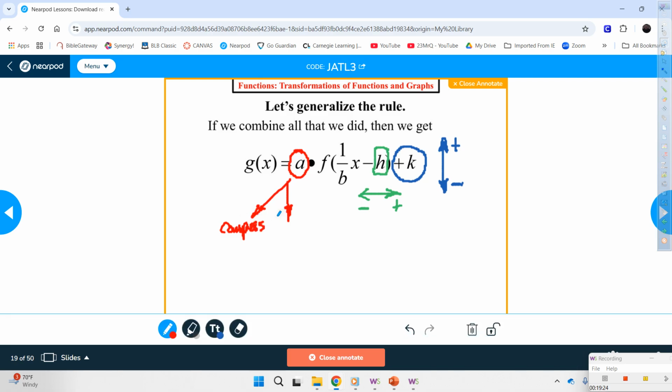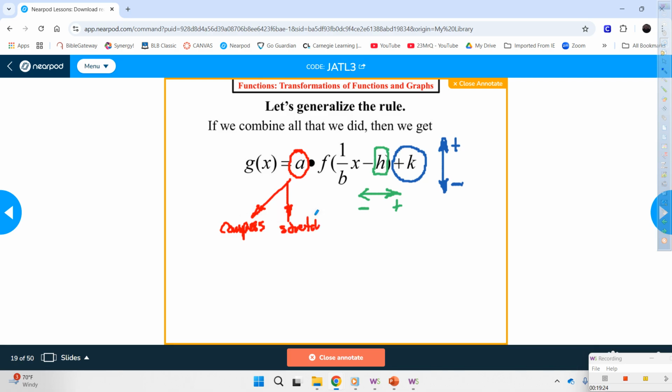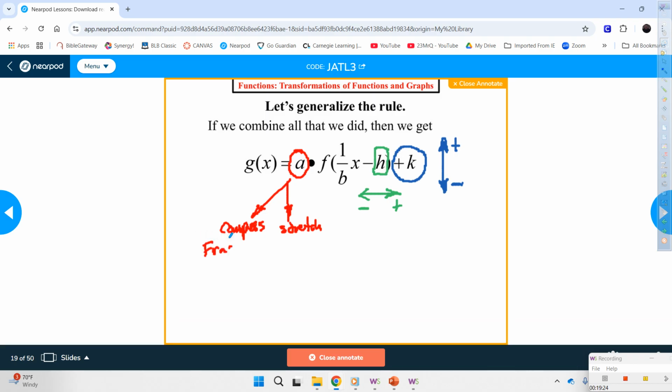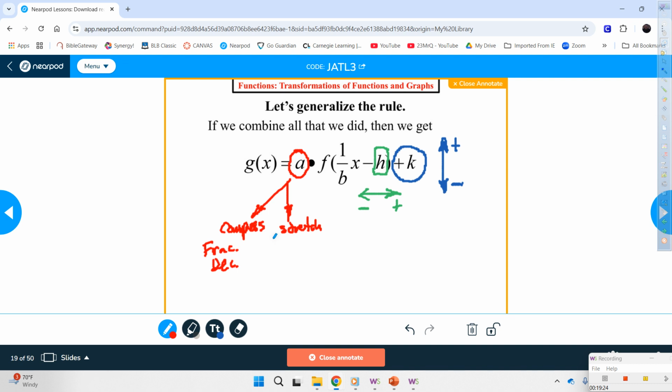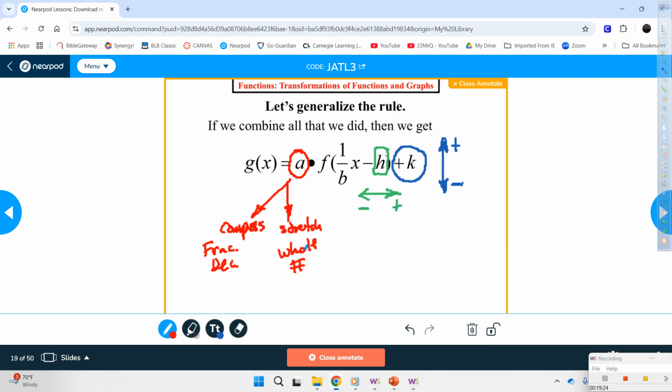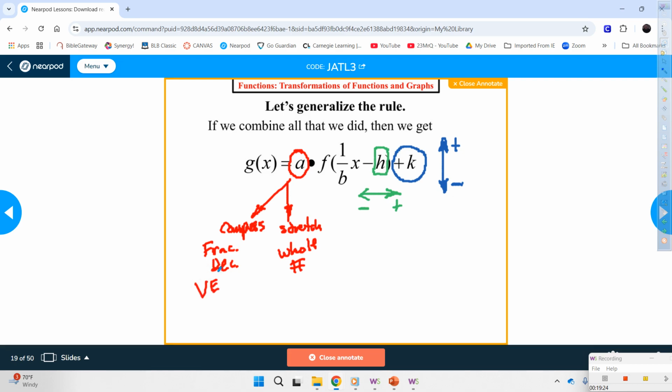Compress or stretch. Okay, it compresses when it's a what, everyone? A fraction or decimal. It stretches when it's a whole number. However, I'm going to add one more word. Look up. That, when we first did all the practice, it did compress and stretch vertically.